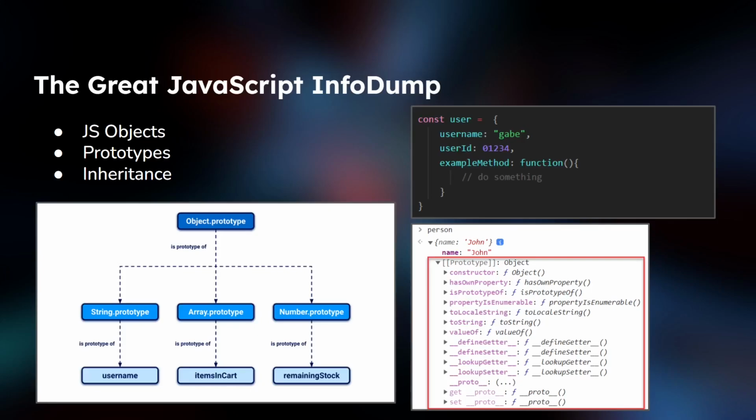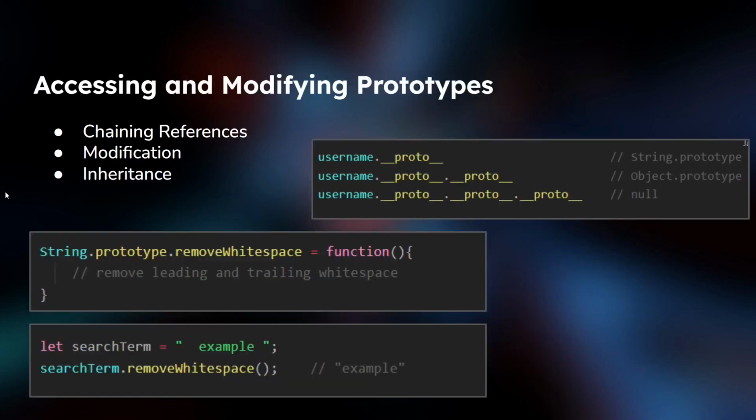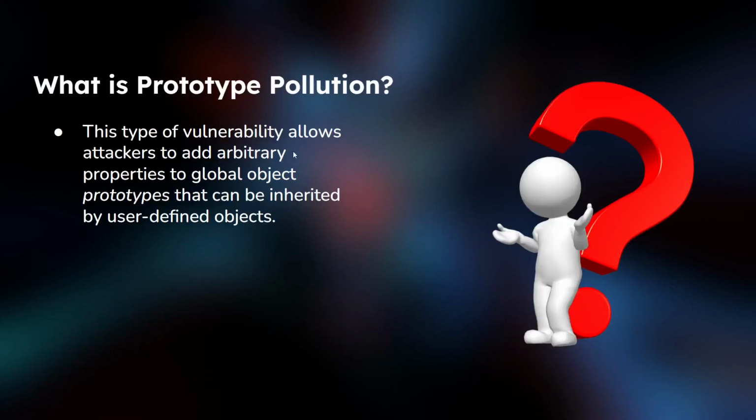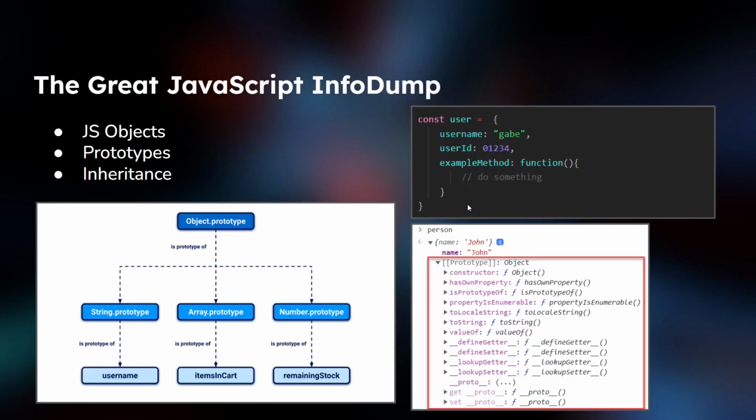But that answers the second part of the definition, which is that this vulnerability allows attackers to add arbitrary properties, something aside from username, to a global object prototype that will be inherited by other user-defined objects. So in this case, we are adding a property that can somehow be inherited by other user-defined objects.